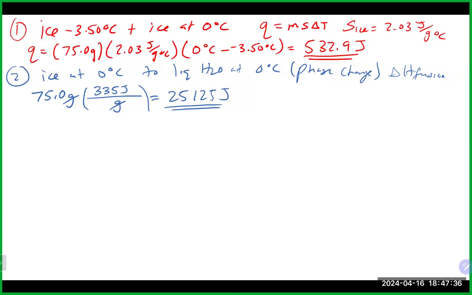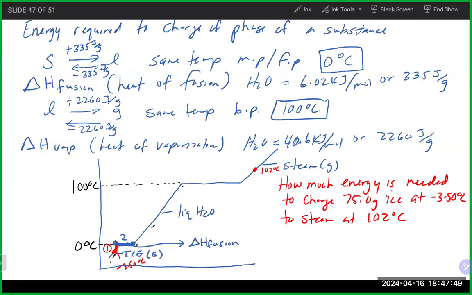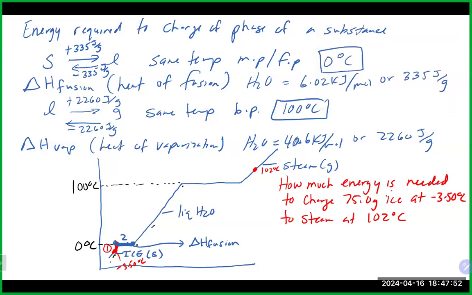So now we are sitting with liquid water at 0 degrees. Remember, we want to end up at steam at 102 degrees. So the next step, if we look at our graph, is that we need to go from 0 degrees liquid water all the way through this orange, and all the way through that orange is liquid water, to 100 degrees liquid water, which is really the next transition point of phases that we need to go through.